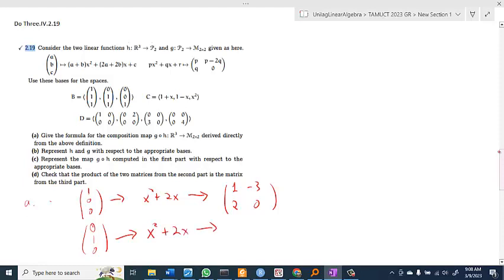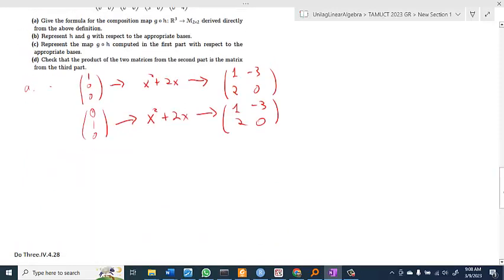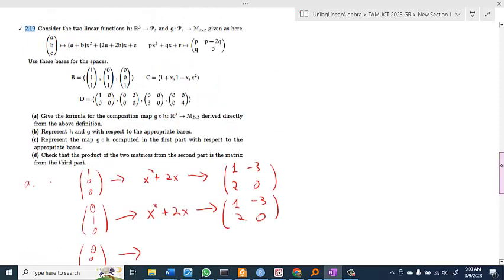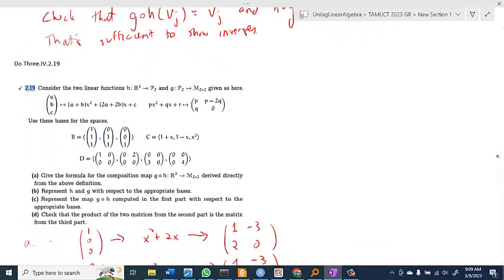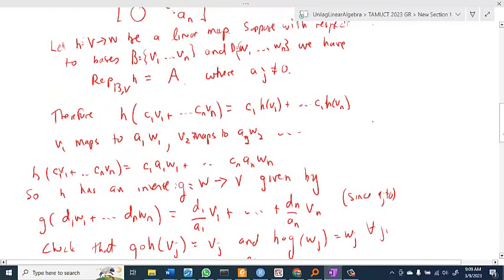So it goes to x squared plus 2x, the same thing. And then we have 0, 0, 1. What does that go to? Well, that's my C. All right, so you can see that there's going to be a null space because you're having two things mapped to the same thing. Oops, sorry.